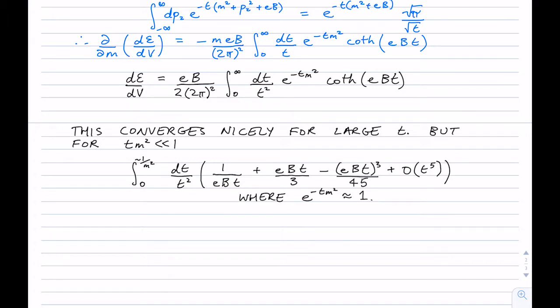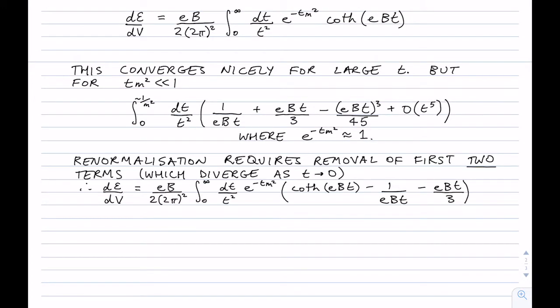So in order to renormalize my energy density, I need to remove the first two terms from the coth function. And so this is my final integral. It's still expressed as an integral, but now it's finite and it's useful, and we can see that it's well behaved.